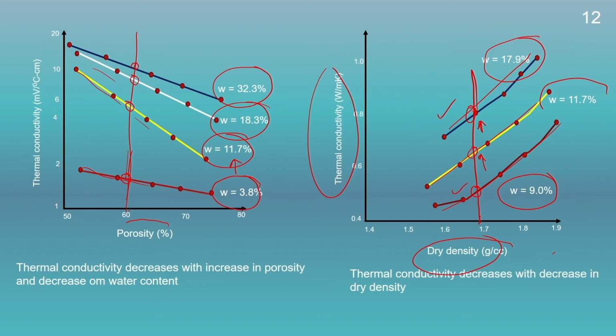Since the amount of water is more here in comparison to this soil, the heat transfer for this soil will be more, as water can transfer the heat, but in this case more amount of air will be there, and as air is not a good conductor of heat, the conductivity for this soil will be less and for this soil will be more.